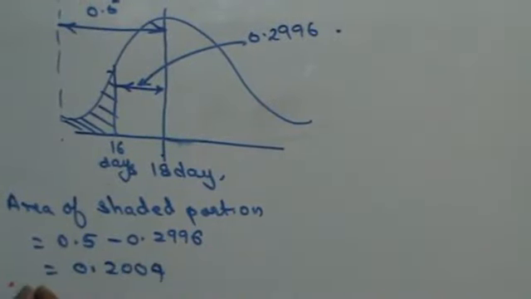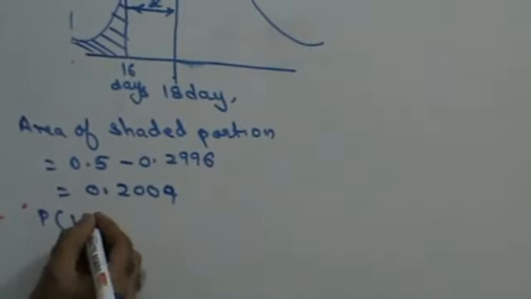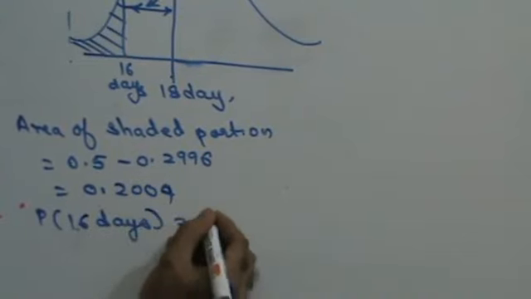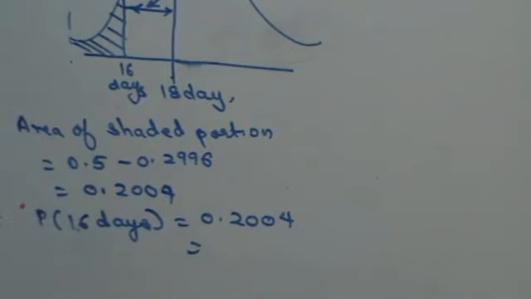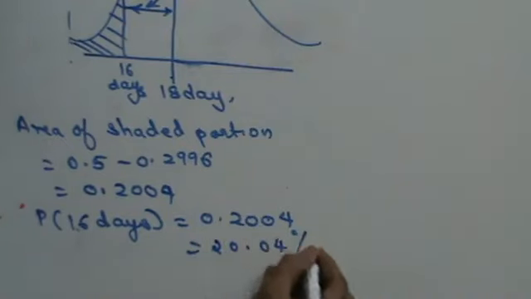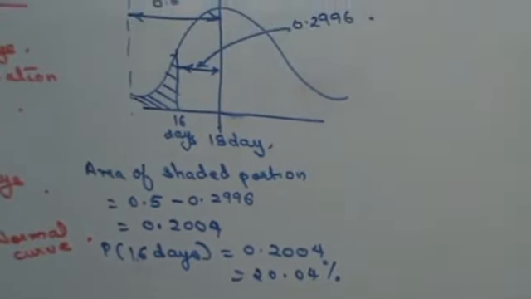So the probability that the project will be completed in 16 days is 0.2004. Convert this into percentage. To convert this into percentage, I need to multiply by 100. So 20.04%. So there are 20.04% chances that the project will be completed in 16 days.